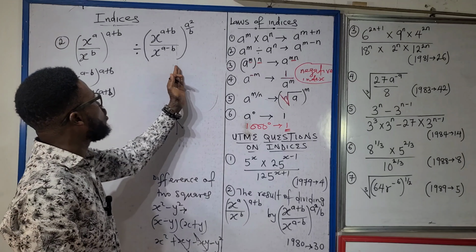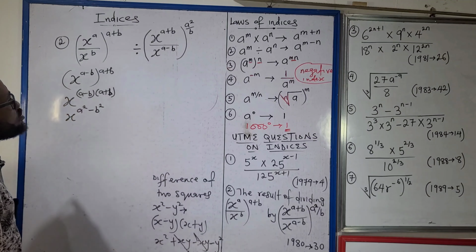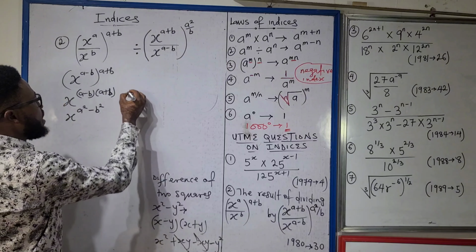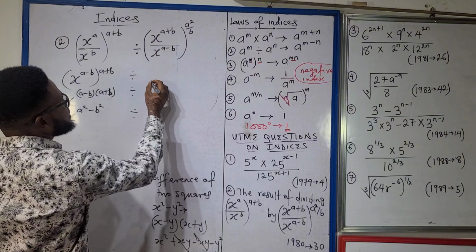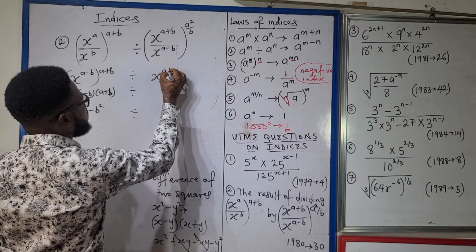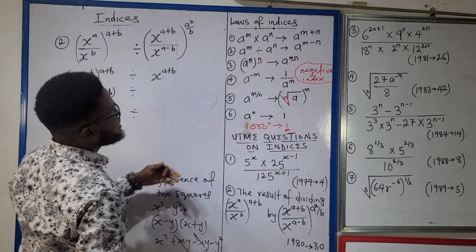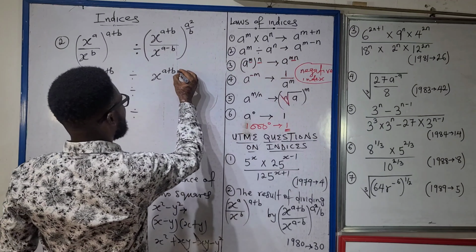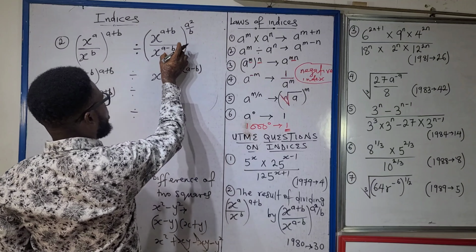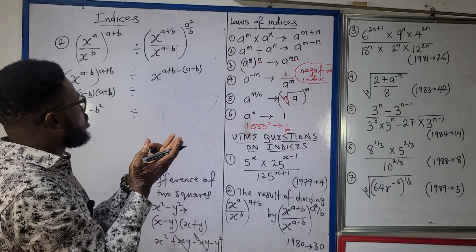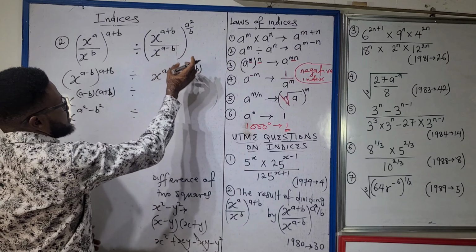Now let's move over to the denominator. So divided by, this is x raised to the power a plus b. Then division law states you subtract minus a minus b, because it's a compound exponent or compound index, you have to bracket it.